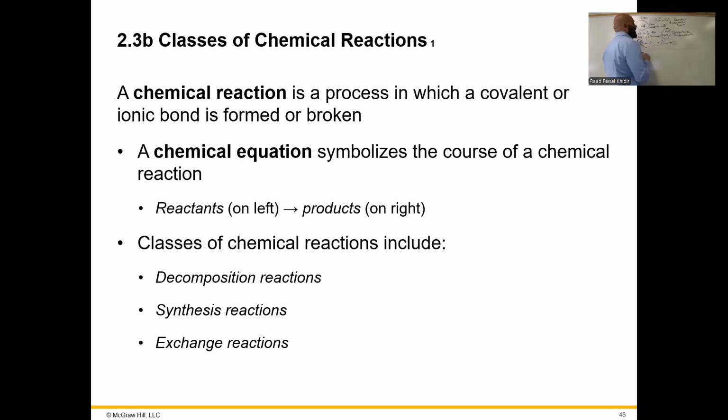So now they exchange, there's an exchange. So that's an example of a displacement or exchange reaction. That's an example of an exchange reaction.